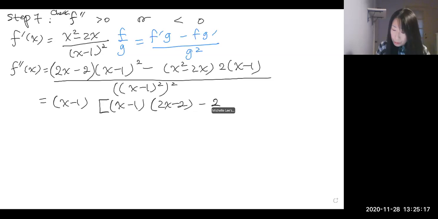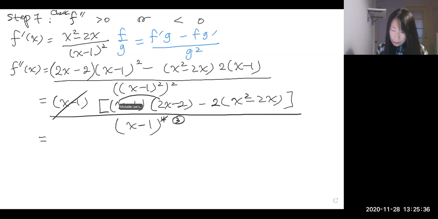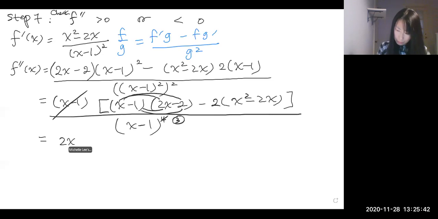This will be 2x squared minus 2x all over x minus 1 to the fourth power. So this is a 3, and this is gone. So let's distribute. So there is 2x squared and minus 2x.